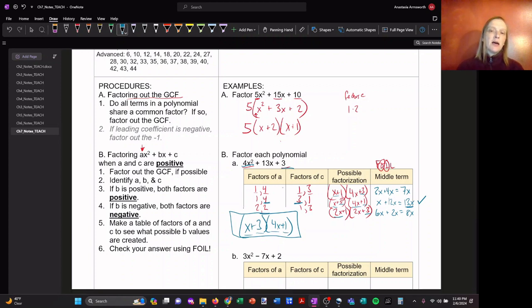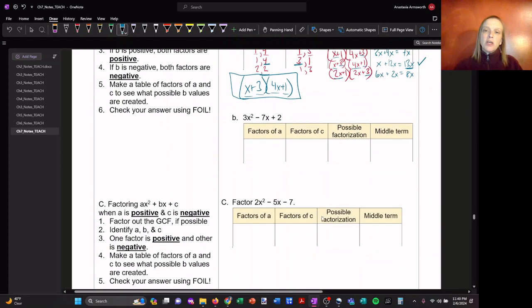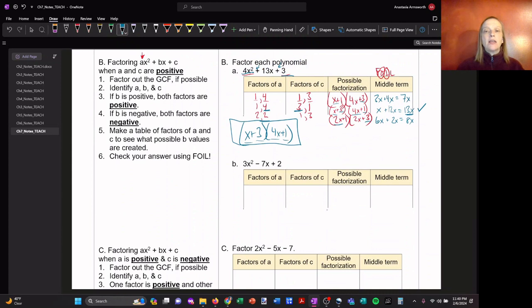Notice that because my C term was positive and my B term was positive, I knew that both my factors were positive. This part is similar to what we learned last class, and so we'll use that same approach as we move down here and factor a polynomial where C is positive but B is negative. And because of this, both my factors are going to need to be negative. So if I think about the possible factors of A, I could have 1 with 3.